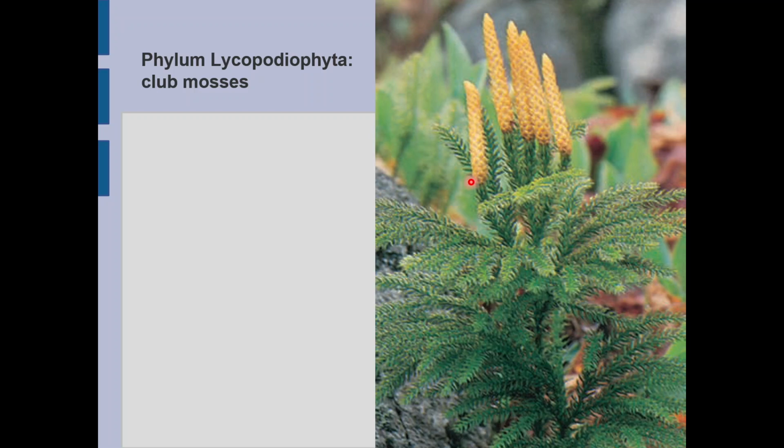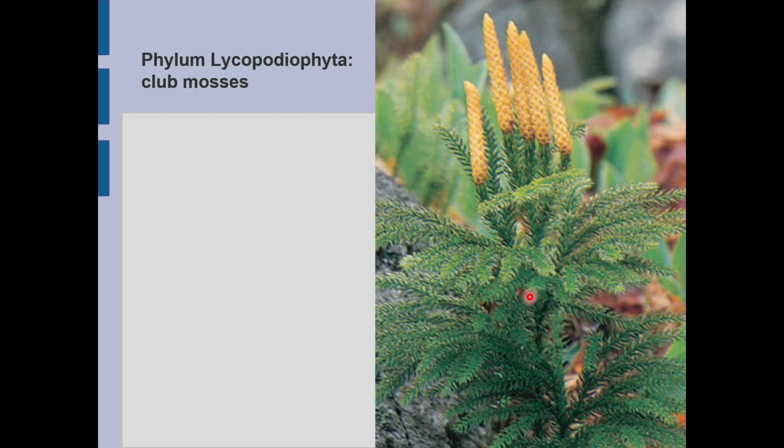Because of the cuteness and beautiful appearance, they are also over-harvested and are under threat of extinction in some areas. The life cycle of Lycopodium is similar in many ways to that of the ferns. Both sporophyte and gametophyte are independent plants at maturity.